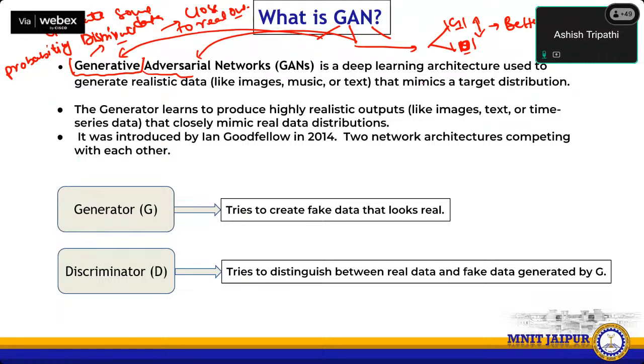This is the same case with G and D. G and D networks work with different intentions, and they will keep on competing with each other, and that's why they will keep on training, keep on learning, and ultimately we will be able to have a probability distribution model which is close to the real one.